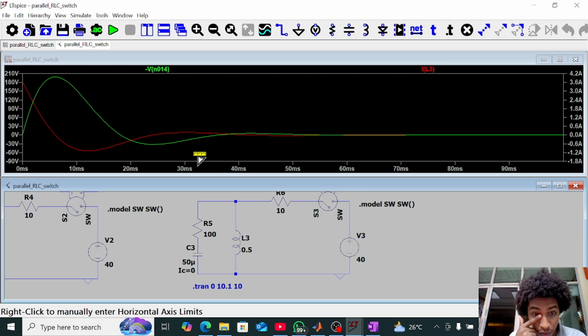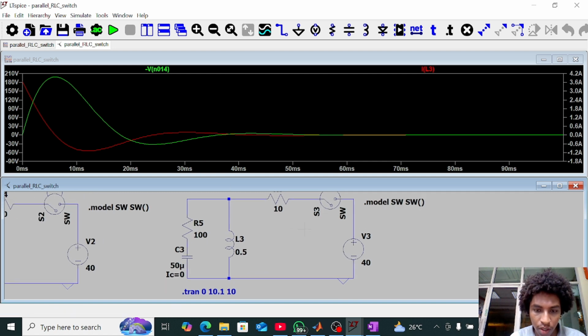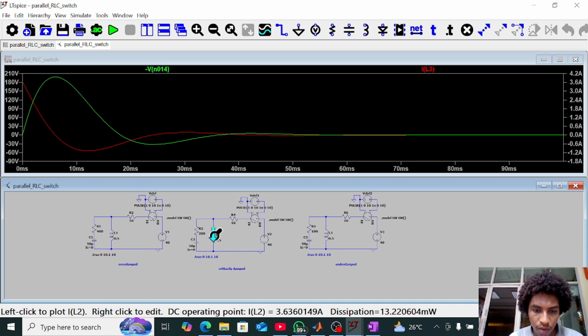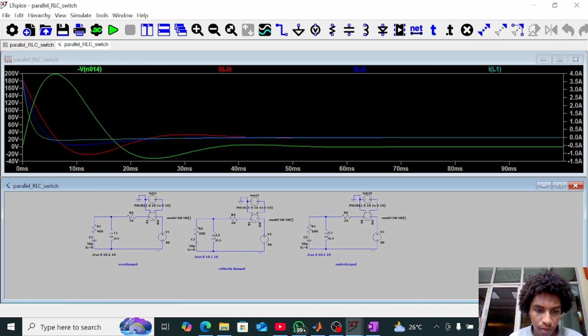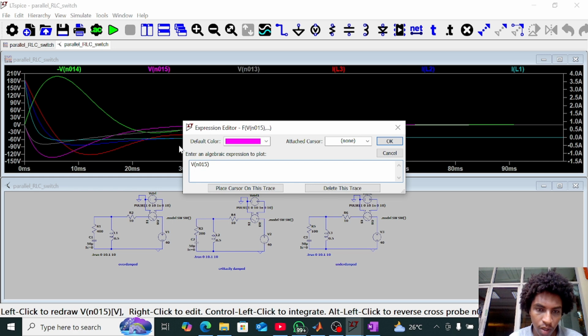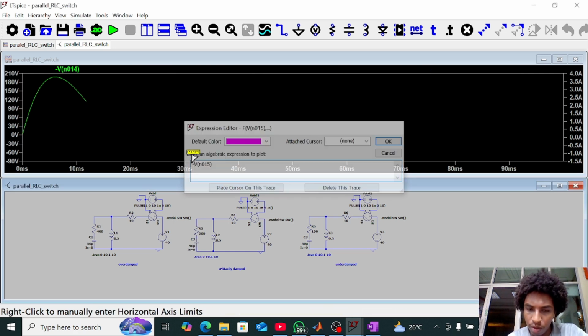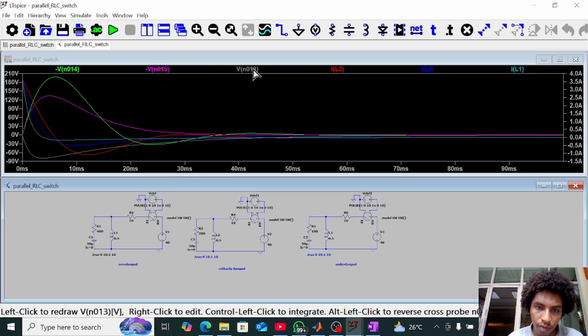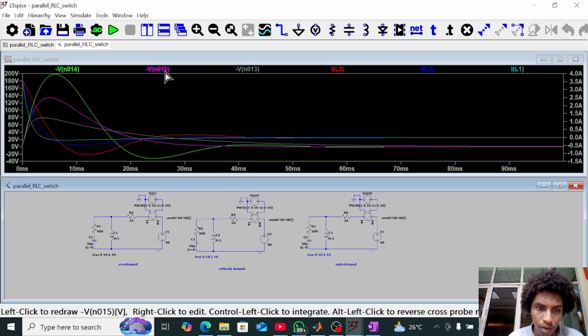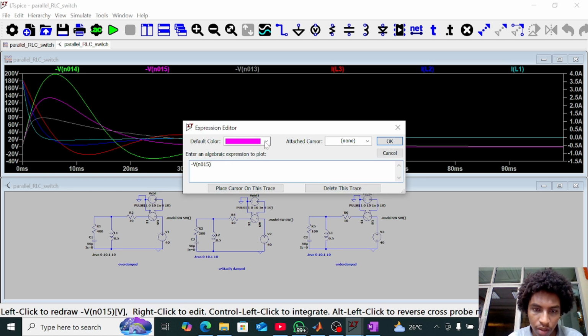So if we want to combine all of them together, we just press them. So we have to make this minus, so we can just change the colors.